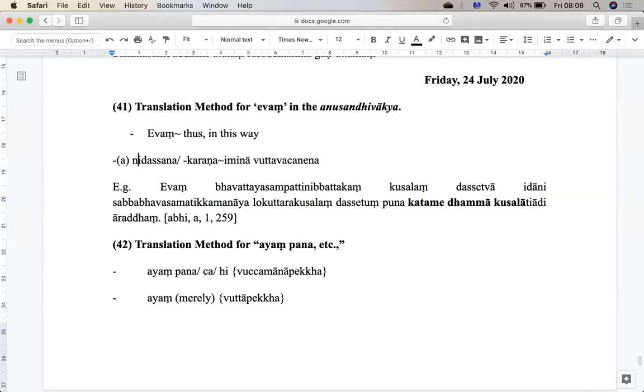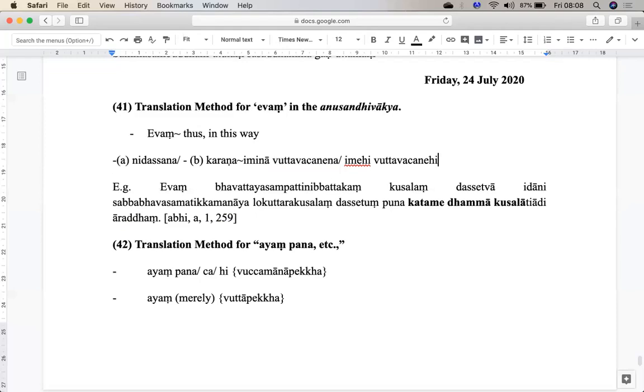That is just "thus" or "in this way." But in the sense of karaṇa, to understand precisely, it is iminā vuttavacanena as a singular, or imehi vuttavacanehi.